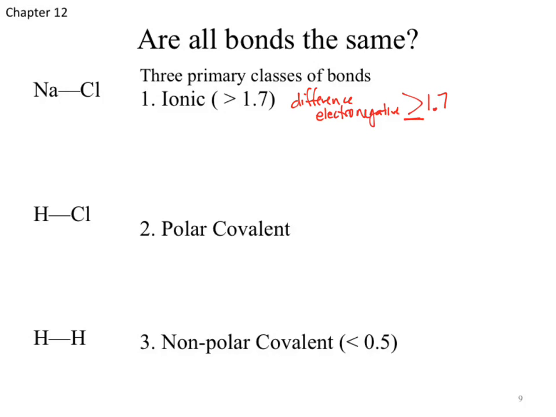How did we define this? It's based off of the electronegativity. If they have the same electronegativity, say hydrogen and hydrogen, we now have equal, 100% equal sharing of electrons. It's nonpolar. What do we mean by nonpolar? No charges. No positive, no negative. The complete opposite of an ionic bond.